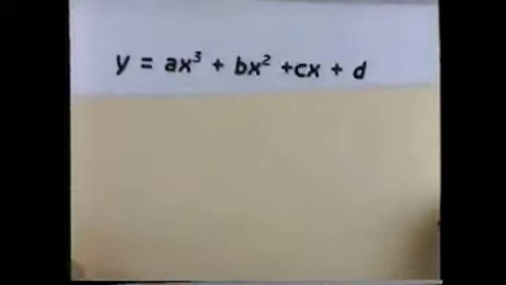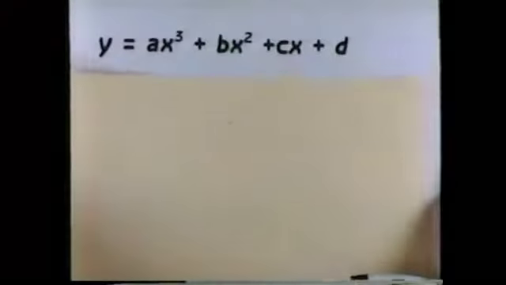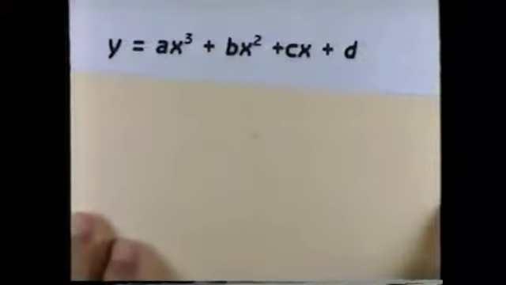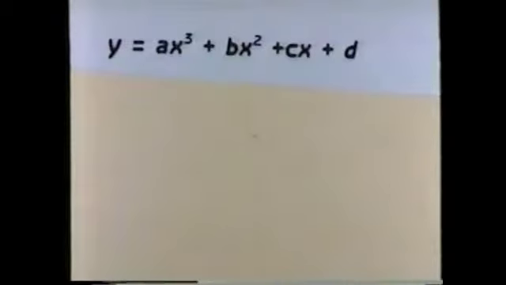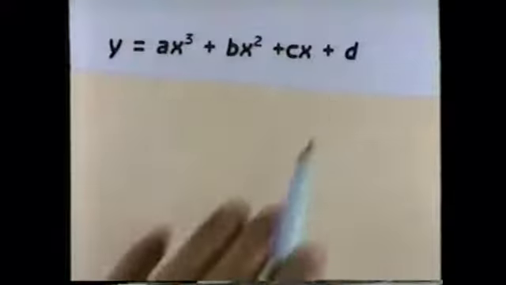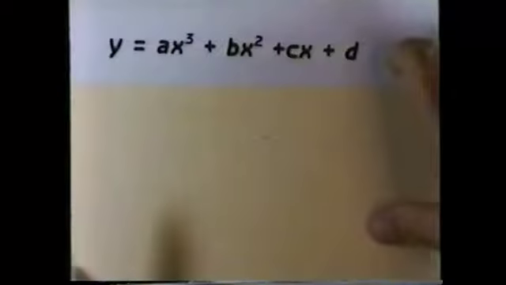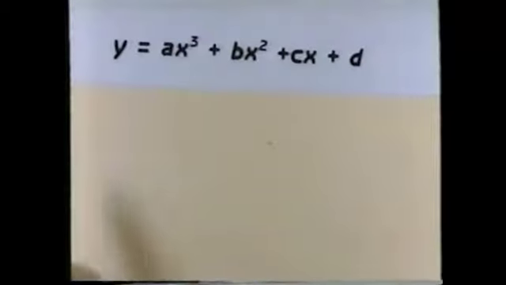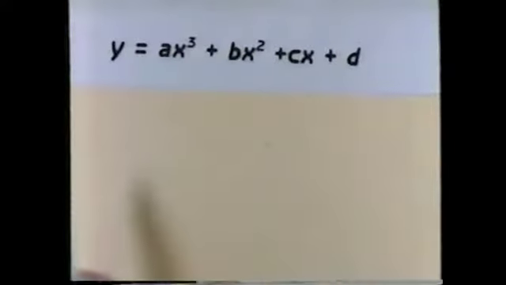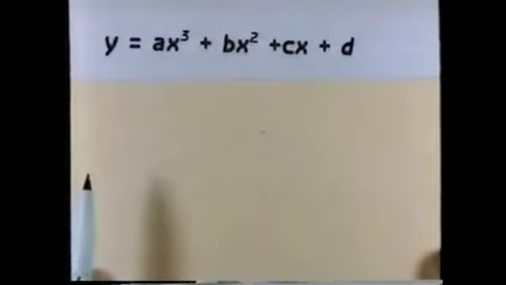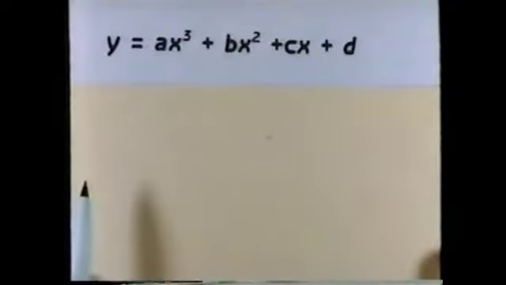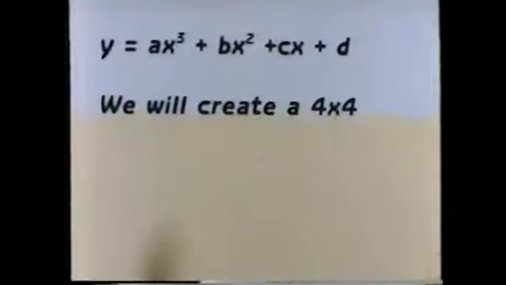The general form of a third degree polynomial function is y is equal to ax cubed plus bx squared plus cx plus d, where a, b, c, and d are real numbers. We can use the 4 points to create 4 equations having 4 variables.